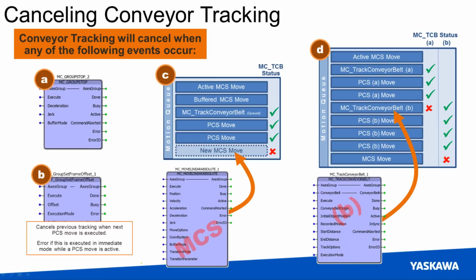So in this particular case, we're still conveyor tracking, it's just we've switched between the PCS defined by the first MC track conveyor belt and the PCS defined by the second MC track conveyor belt. Of course, we can see at the bottom of this motion queue that we have another MCS move that happens, which will cancel that relationship of the second MC track conveyor belt.